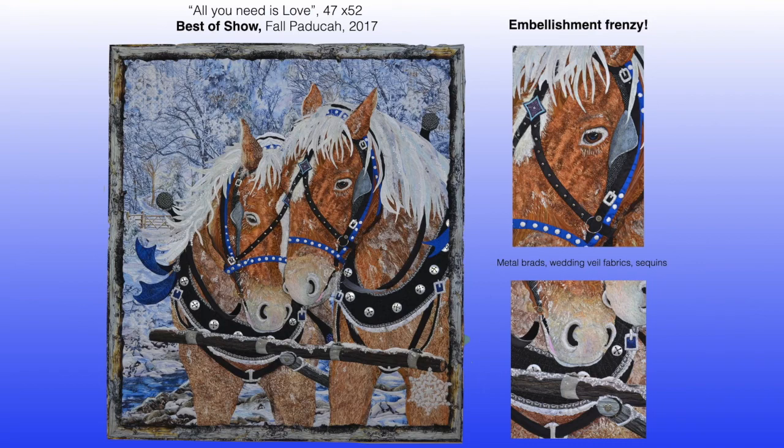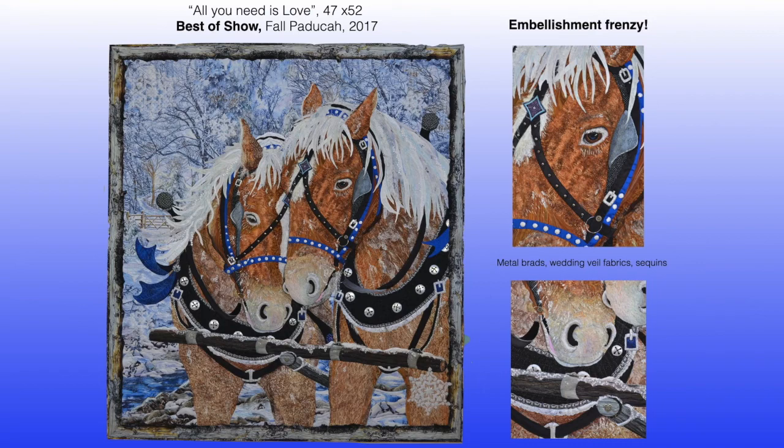So that metallic thread, a lot of hand embroidery, a little bit of painting made what finally was working for the ice and snow. There's little actual metal brads for real horse tack in the little bridle thing, and lots of different sequins.